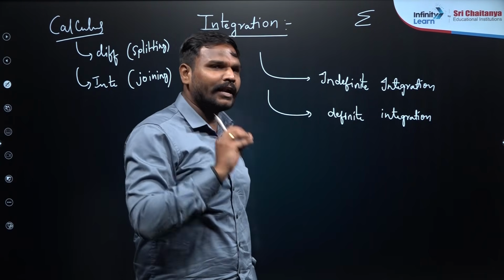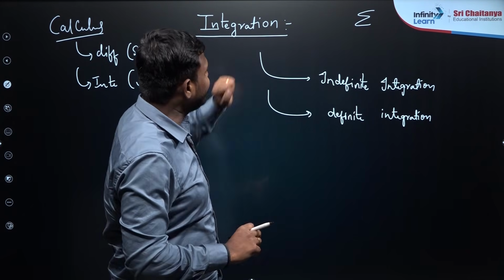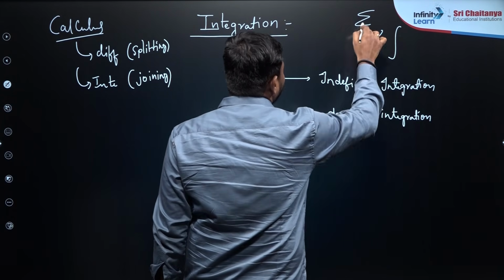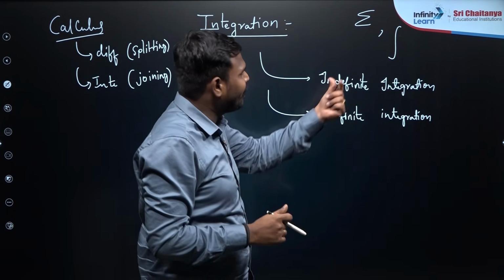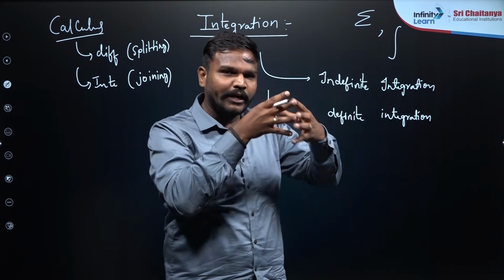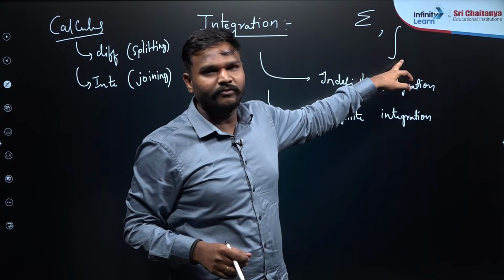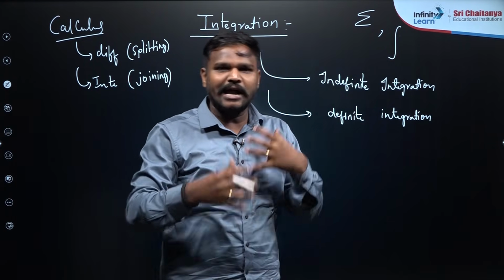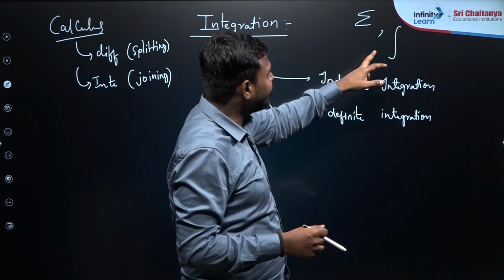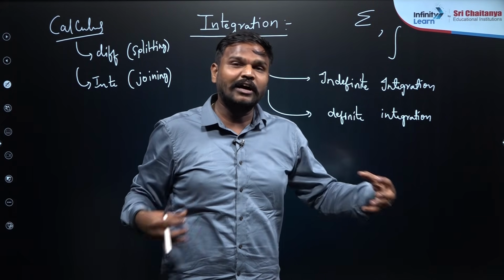Now integral or integration is the same family, but when you have variables, when you have a function and you want to join the function, we will use integral of. Sigma is also addition, joining, but we will add particular values. Integral is also joining, but we will add the variables, that is a function.